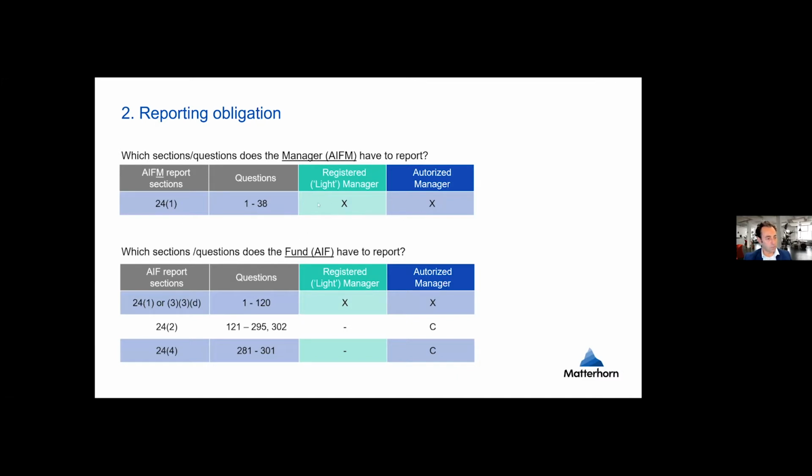The manager report is the same for both, but there's also a distinction in the content between a light manager and an authorized manager. So a light manager only has to answer the first 120 questions. And an authorized manager, depending on the situation, also has to answer section 24.2, and 24.4 might also apply.